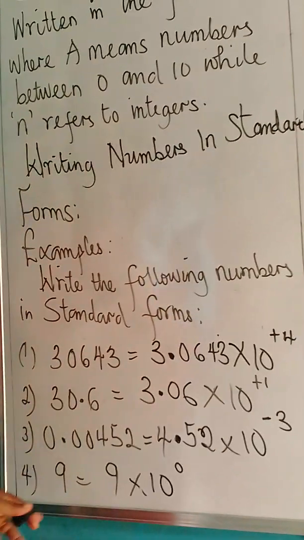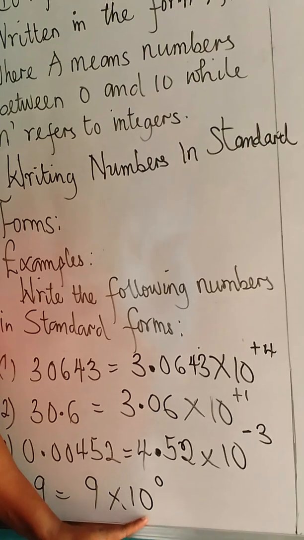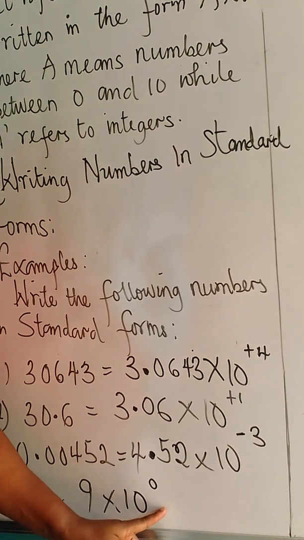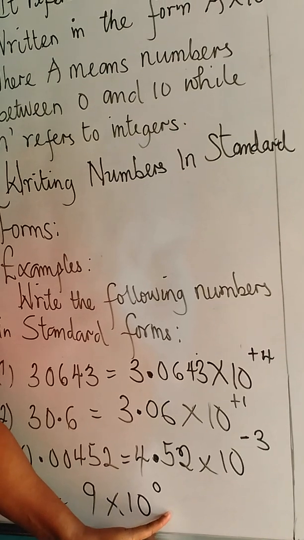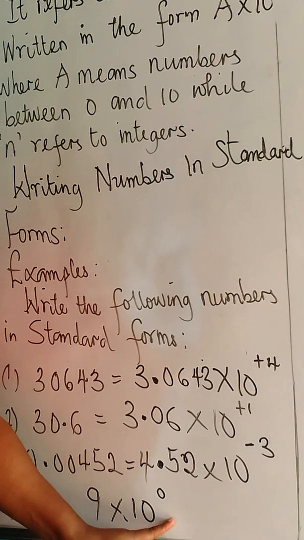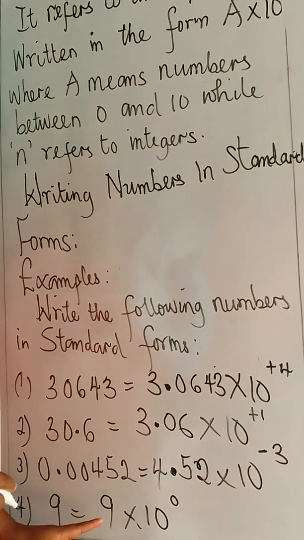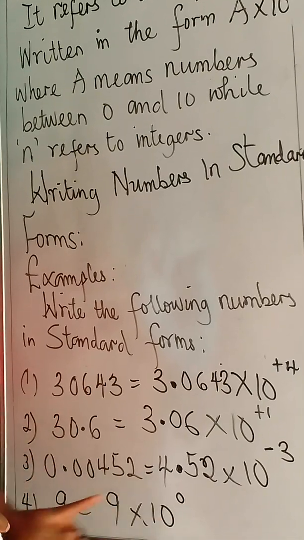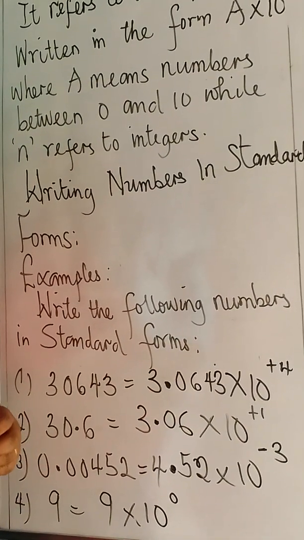Because you have not moved from any point. Now, by this 10 raised to power 0, it means 1, according to one of the laws of indices. We shall get there. So by 10 raised to power 0, which is 1, if you multiply that 1 by 9, it brings you back to the question, which means you have not affected the question in any way.